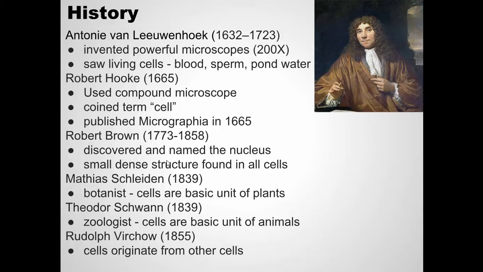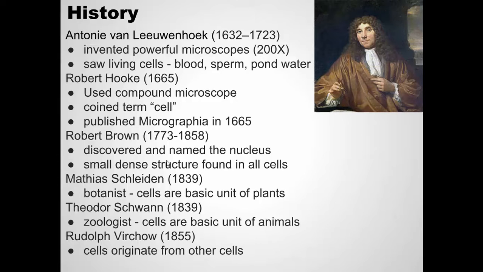Robert Hooke was also working around the same time, and he used compound microscopes, okay, to observe mostly non-living material. He's the one that called them cells, okay, when he was looking at cork. And what he really was seeing was just the outline of the cell wall. They weren't living cells.